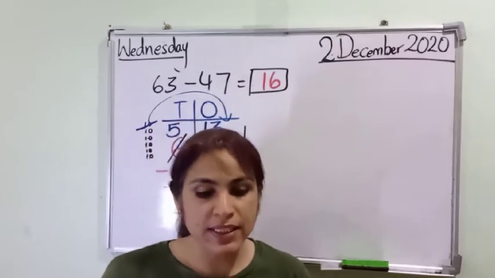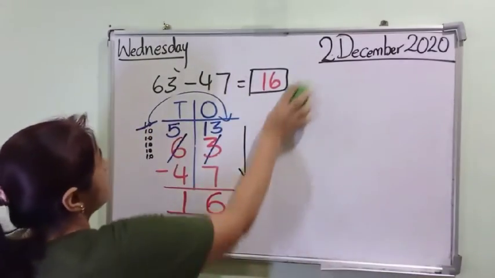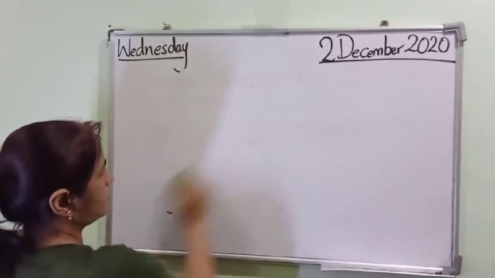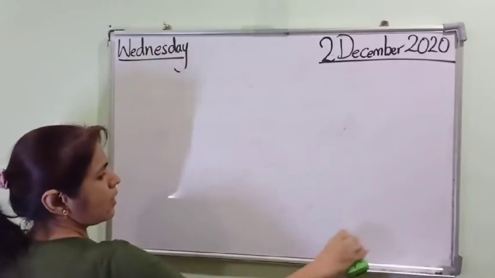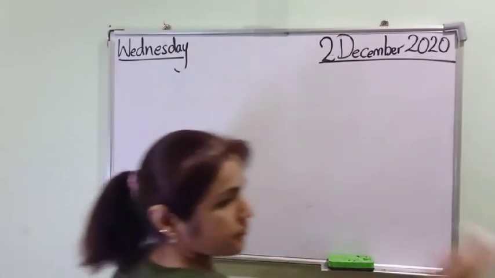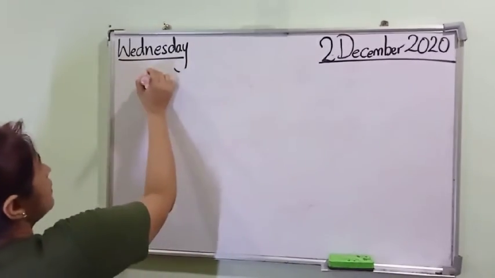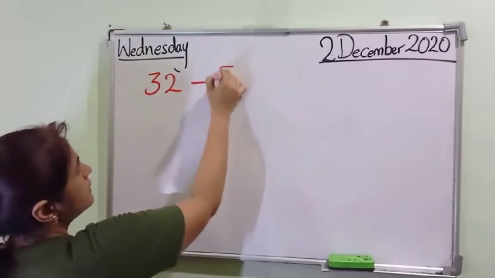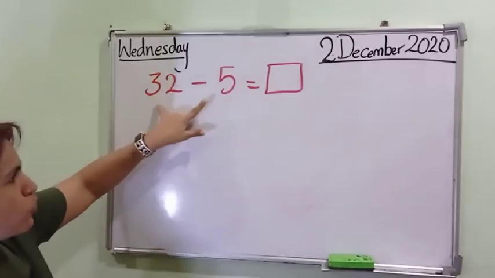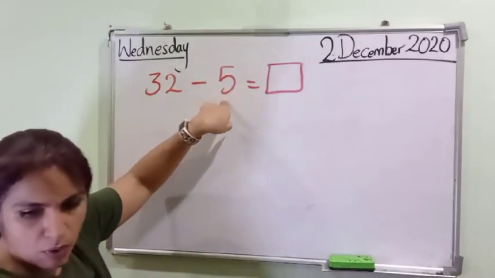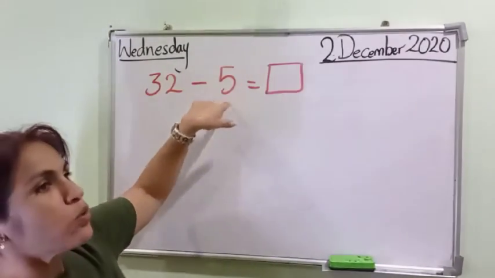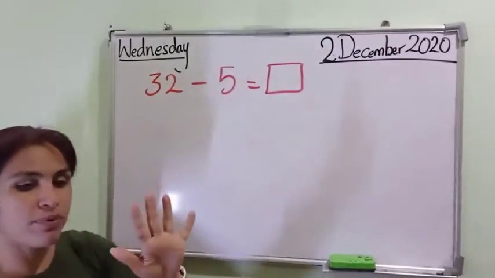Your first sum is 32 minus 5. As I told you, if one number out of the two numbers is smaller, which is less than 10, you can always do mental maths. So hold up 5 on your fingers, 32 in your brain.